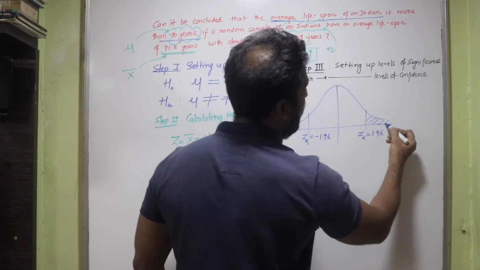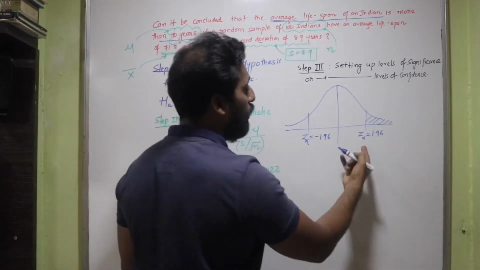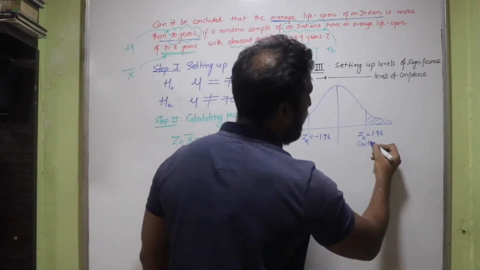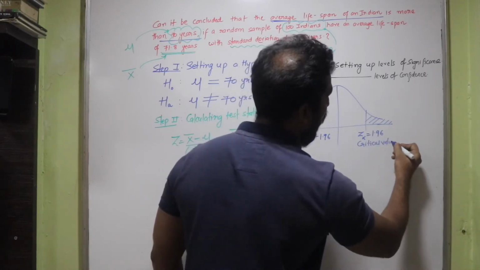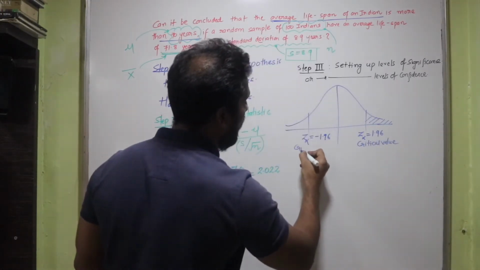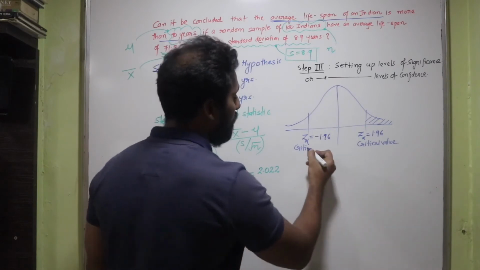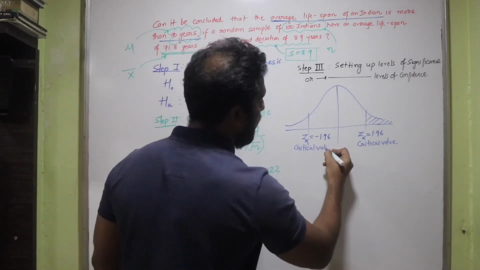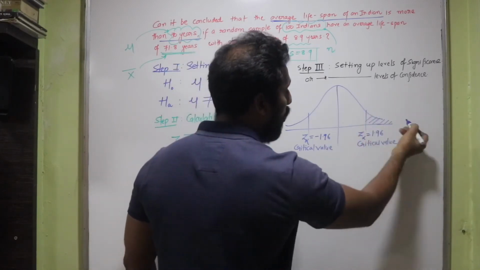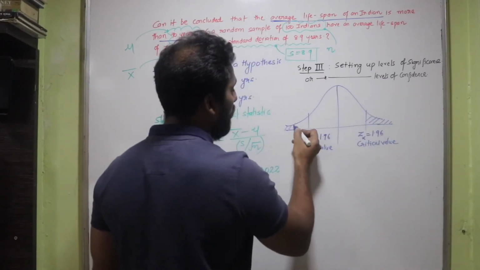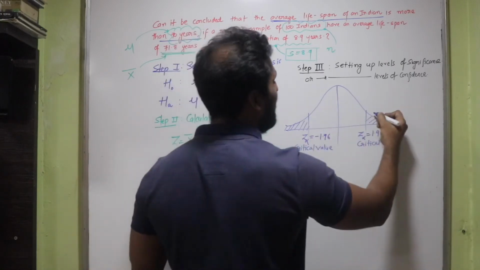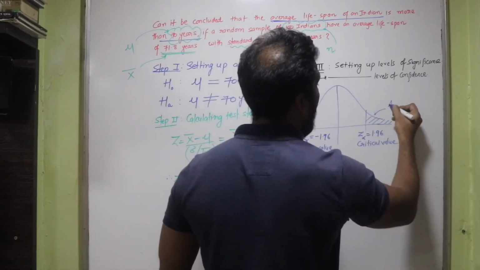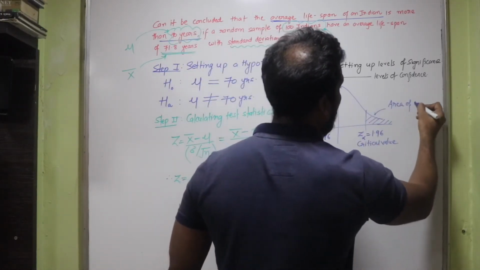This is called the critical value of Z alpha, because the value of Z will be on the right as well as on the left. So these are called the critical values. Right of the critical value and left of the critical value is the area of rejection.